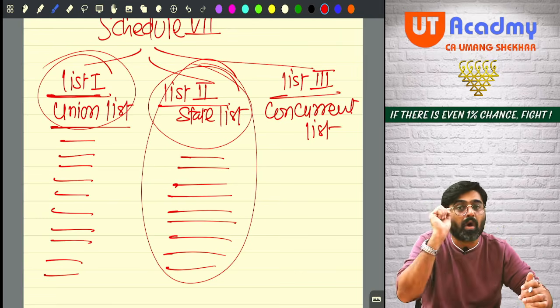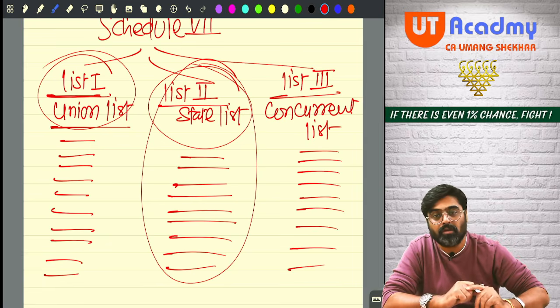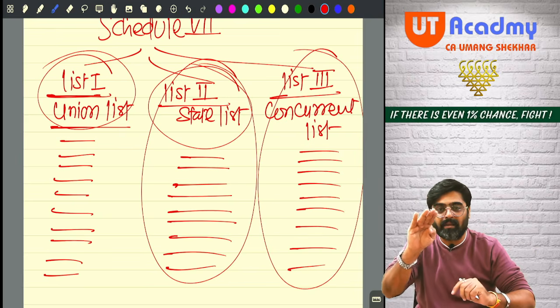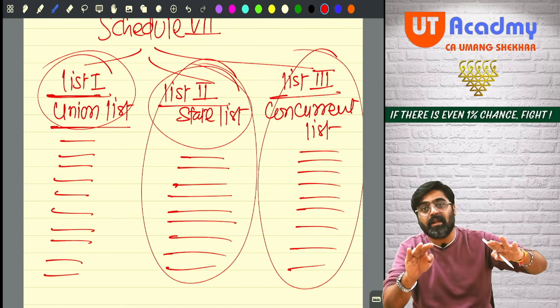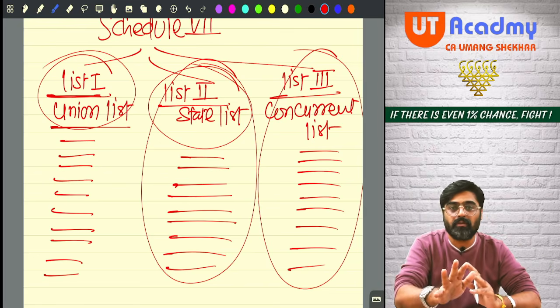Now if you go to the Concurrent List, there are many subject matters. On these subject matters, both have the power. Even the Parliament can have its own law on the subject matter, and the state legislature can also have its own law on it. The best example is pollution control.